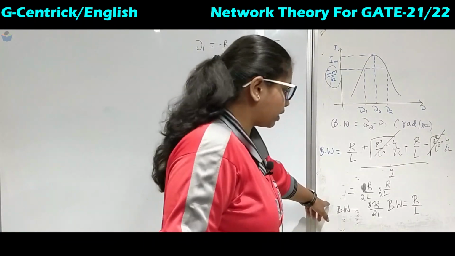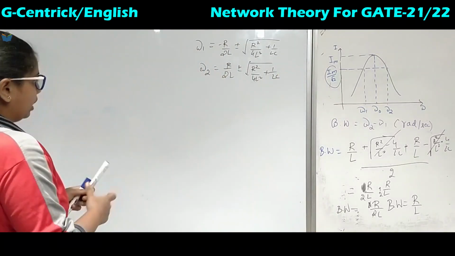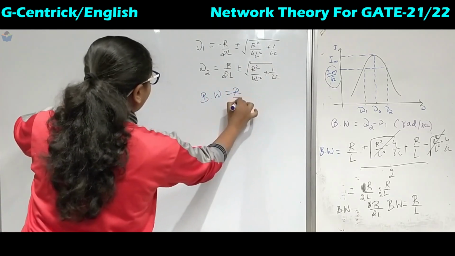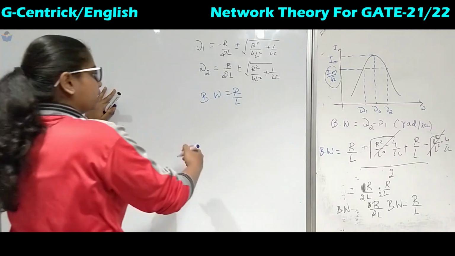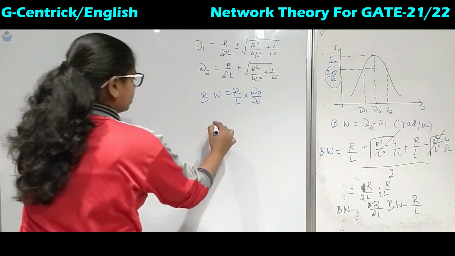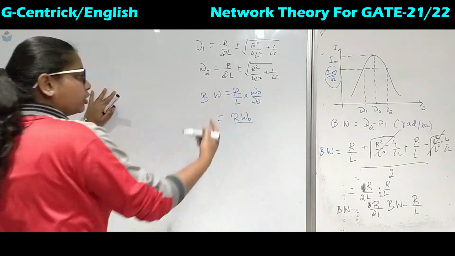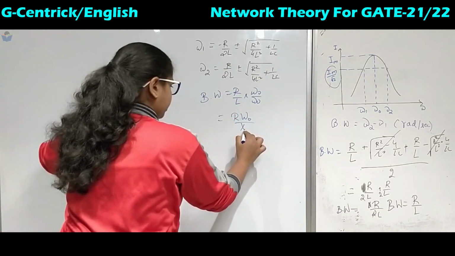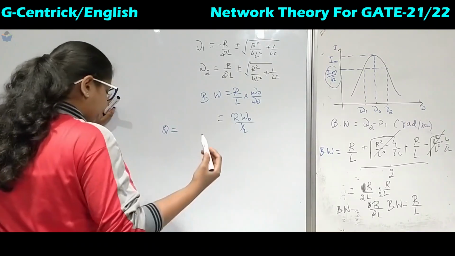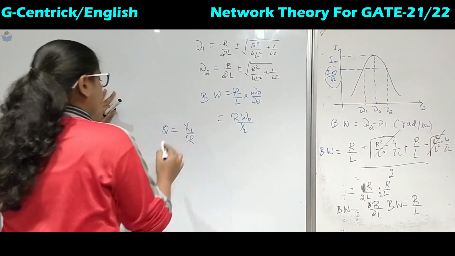So now we know that the bandwidth is R by L. If I multiply and divide this equation by omega naught, it becomes R into omega naught over omega naught L, and omega naught into L is nothing but XL. Quality factor we have already seen in the previous lecture; it is XL by R.